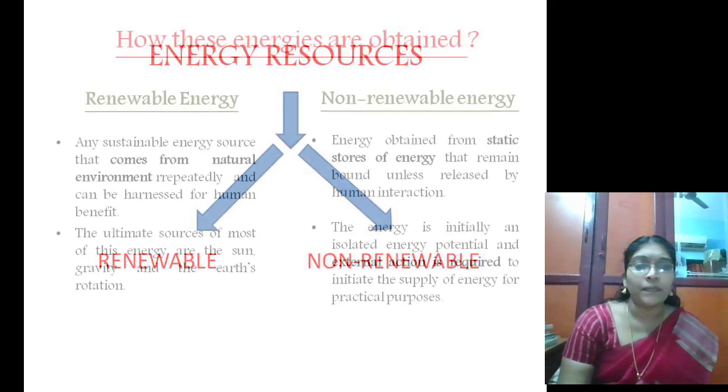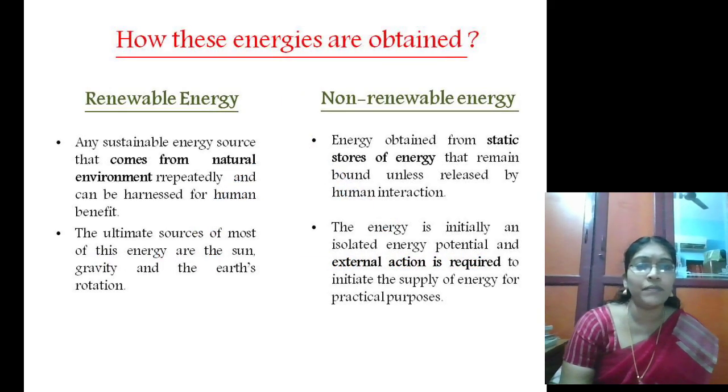Any sustainable energy source that comes from the natural environment repeatedly and can be harnessed for human benefit, that is called renewable energy. And the energy that is obtained from static stores of energy that remains bound unless released by human interaction, that is non-renewable energy.